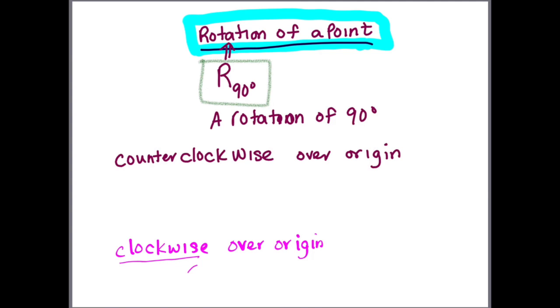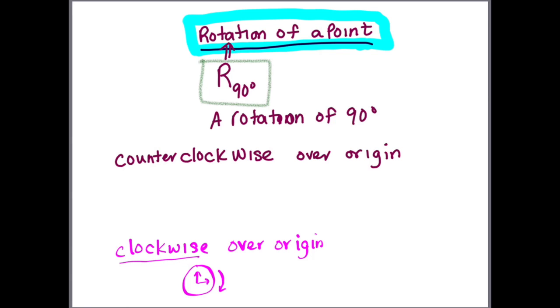If I have a clock here, let me just draw my clock. How do those arrows move? They move in this direction, right? So this is a clockwise rotation because we're following the path of the clock.